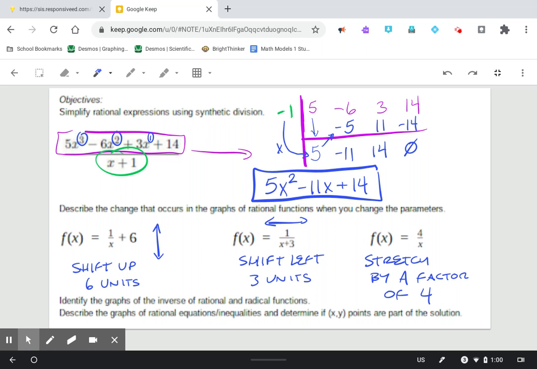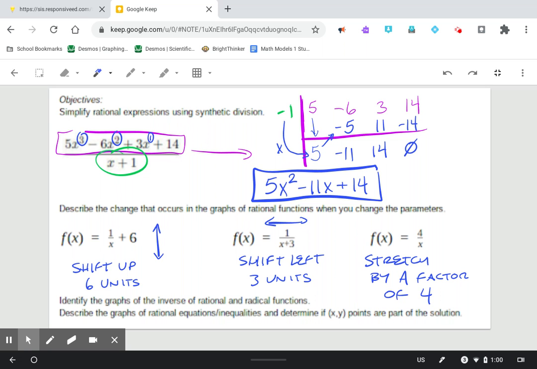Then there are 2 lines down here that there are not sample questions for. The first is just that you need to be able to identify the graphs of the inverses of rational and radical functions. I would just recommend going back and looking over that information on the videos and on the lessons. Identifying graphs really is just saying they're going to give you an equation and you decide what the graph looks like.